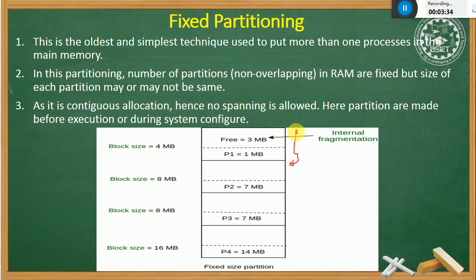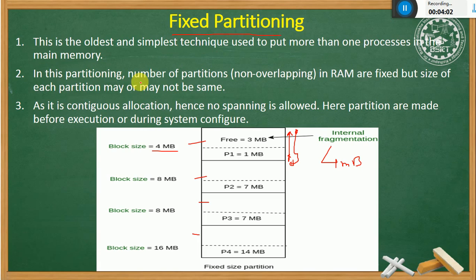In the diagram below, we have created 4 MB blocks in the main memory. The fixed length block is known as a single partition. The partition size is 4 MB and it is the same for all. That type of partitioning is called fixed length partitioning.